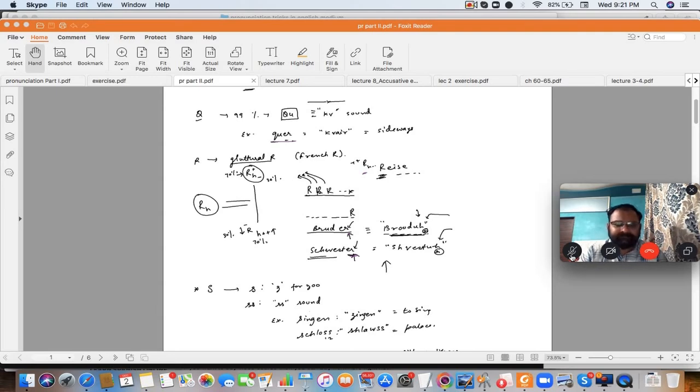Schloss. Tanken. Ratten. Volkswagen. So the in the Volkswagen, that we will pronounce as F, and then OL will pronounce as AW.